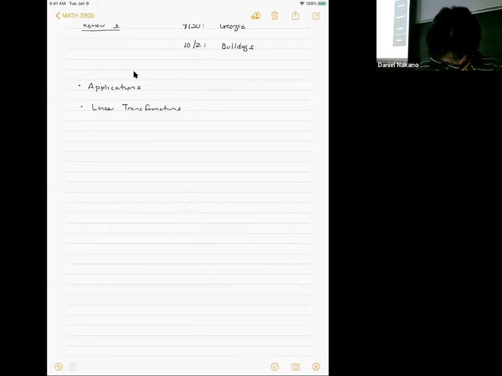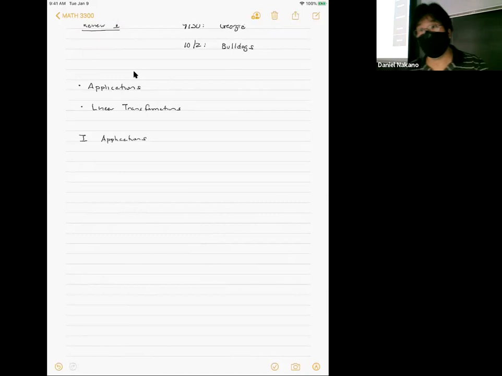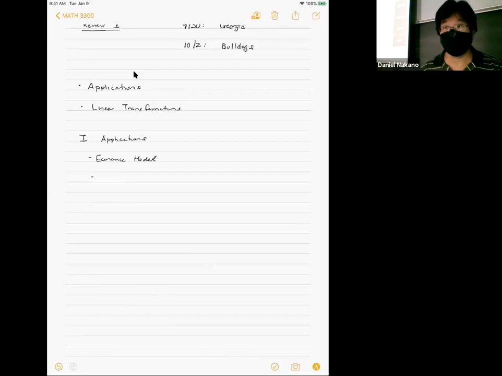All right, so let's start in on applications. I will look at two types of applications. One is the economic model, and the other application is balancing chemical equations.